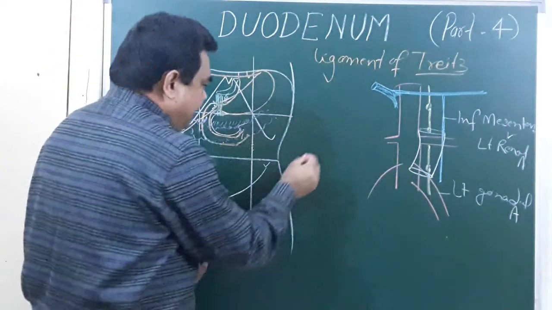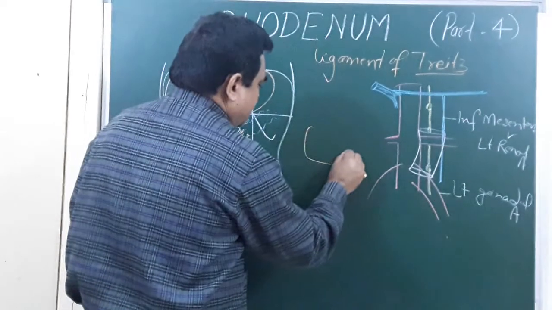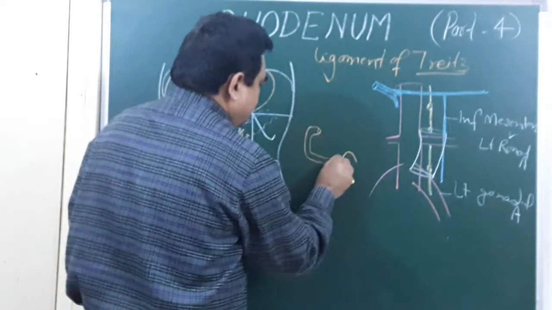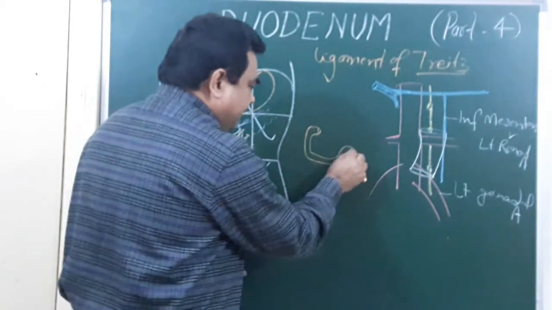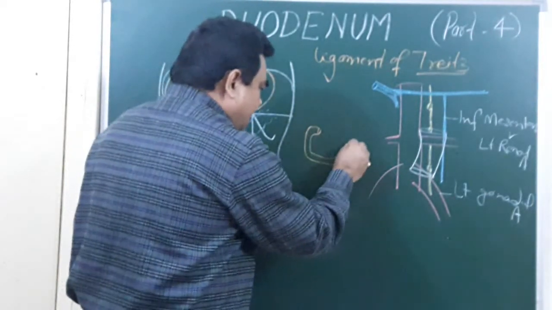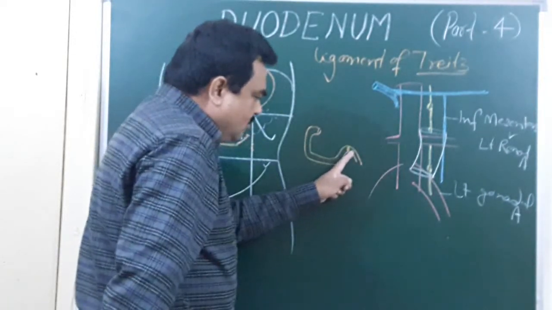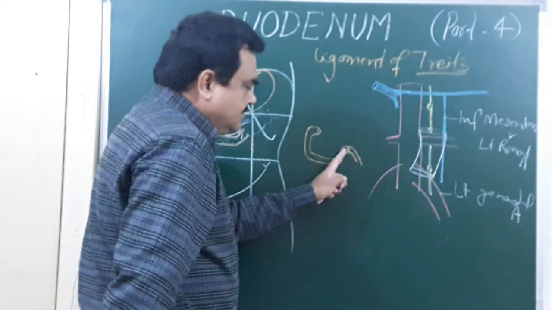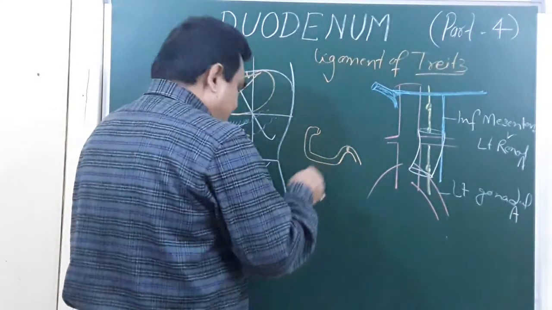If you make a diagram, this is the first, second, third, and this is the fourth part. This is the fourth part, and this is the duodenojejunal junction. Here is the jejunum, this is the duodenum. Here one ligament is present.